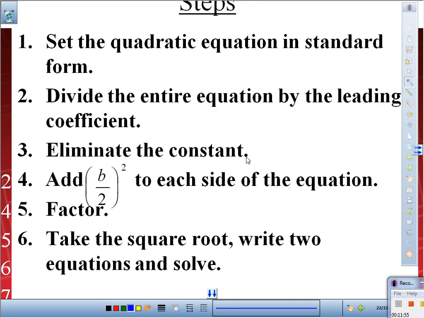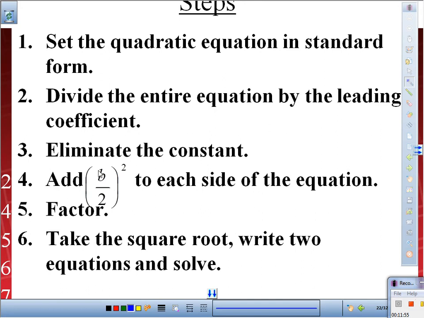Step 3, eliminate the constant. Do you guys know what the constant is? Does everybody know what the constant is in an equation? Tell your neighbor, please. Stephanie, go. It is the number without any variable. That's the constant.